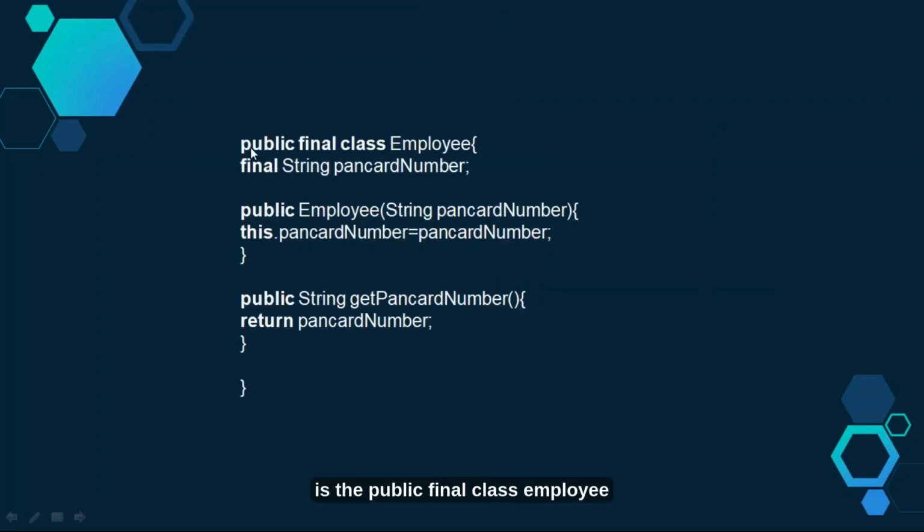So this is the public final class Employee. This is my employee class, I make it final. Then I define one attribute, PAN card number, that is also final. And this is the one constructor, the parameterized constructor, public Employee, this.panCard equal to panCard.